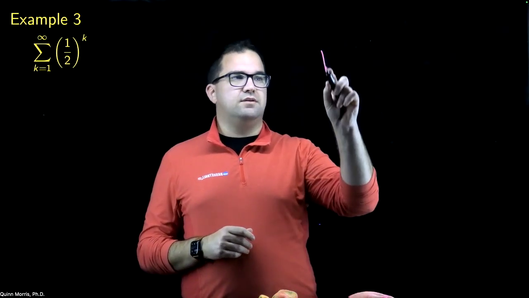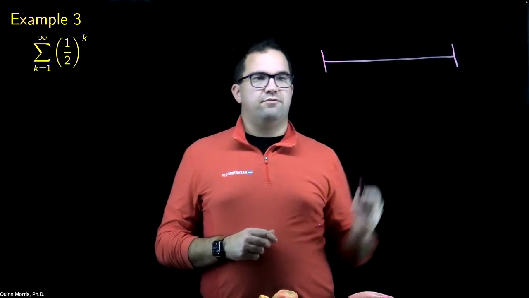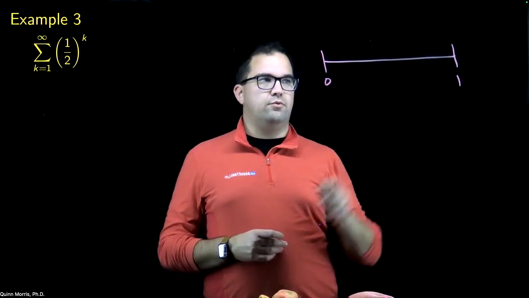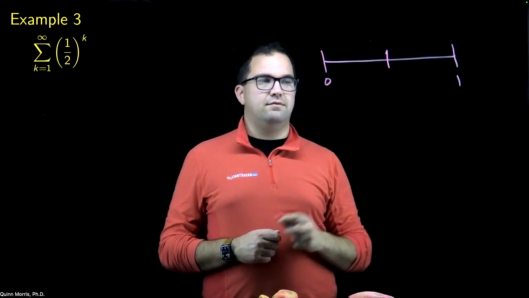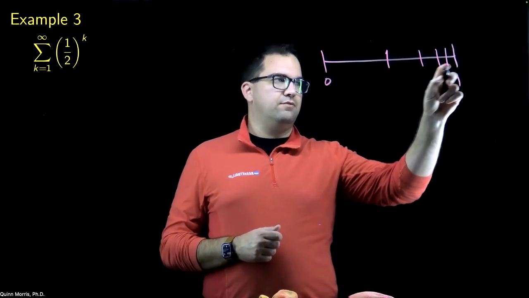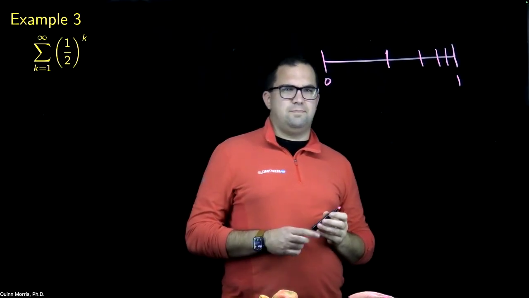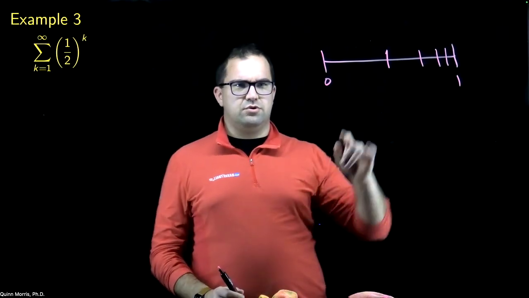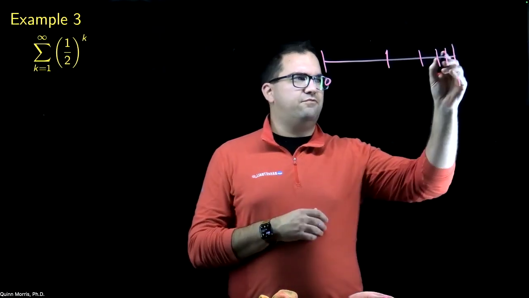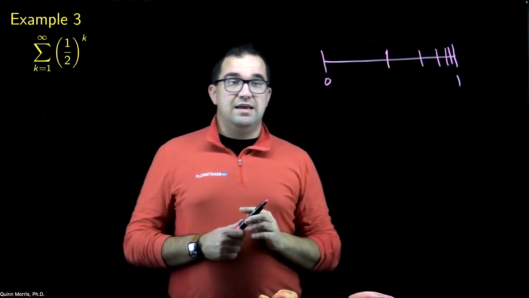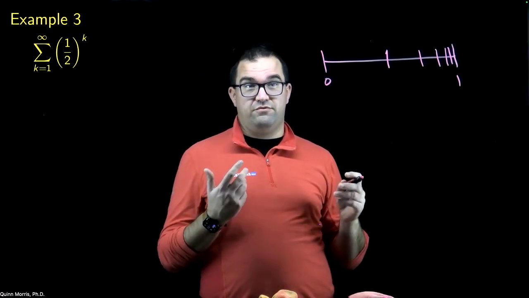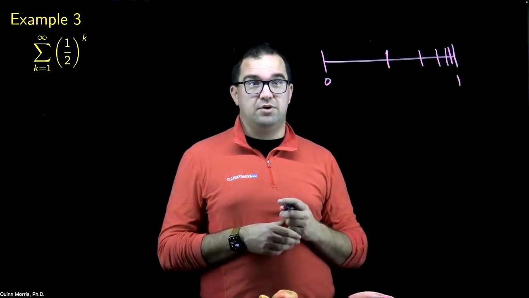This, of course, goes back to Zeno's paradox. You may have heard this idea that you're running in a race, and let's just say you're going from 0 to 1, and that requires you to go halfway, and then halfway the rest of the way, and then halfway the rest of the way, and halfway the rest of the way. And Zeno's paradox was the question of, well, if you can break this into an infinite number of segments, each of those segments must take me some non-zero finite amount of time to cover.